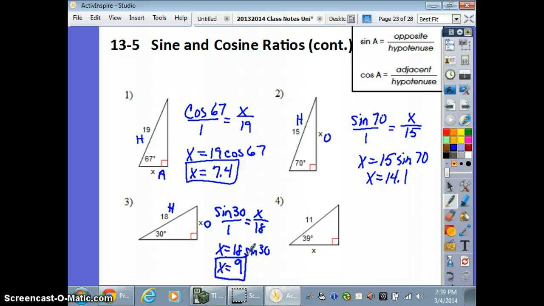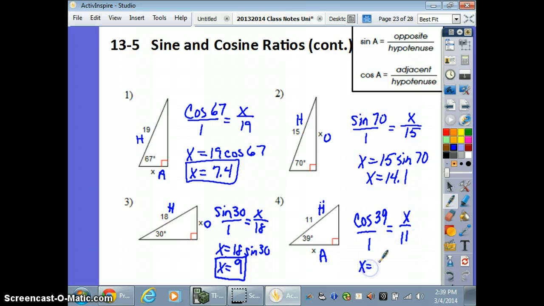And the last one here. Here's our reference angle, here's our hypotenuse, and this is adjacent. Adjacent and hypotenuse is cosine. Cosine of 39 equals x adjacent over 11.